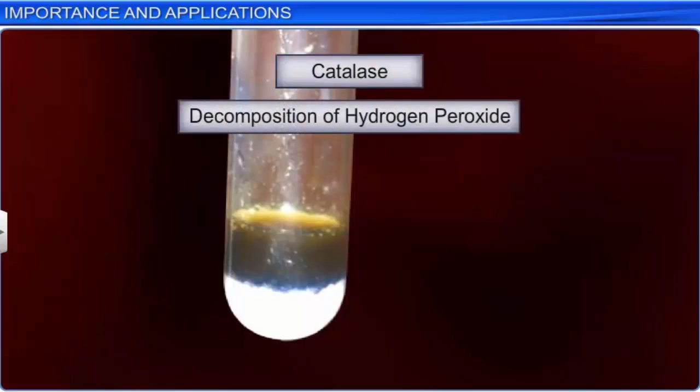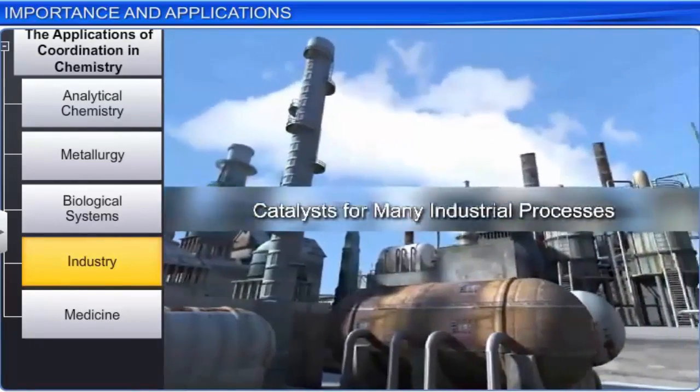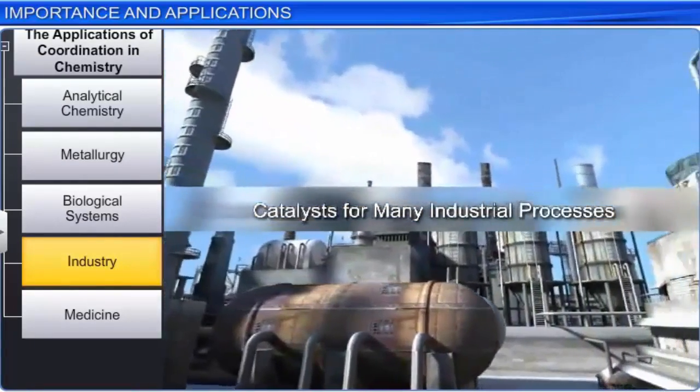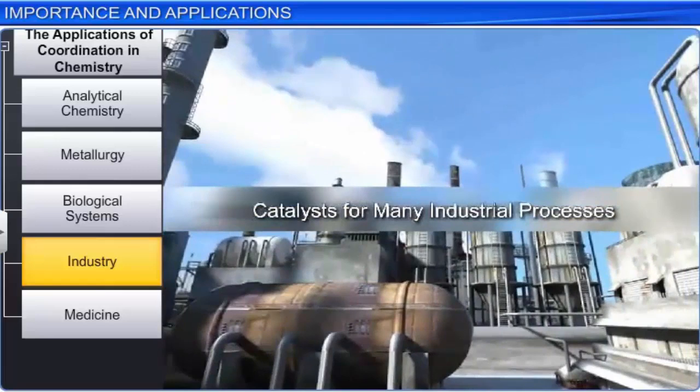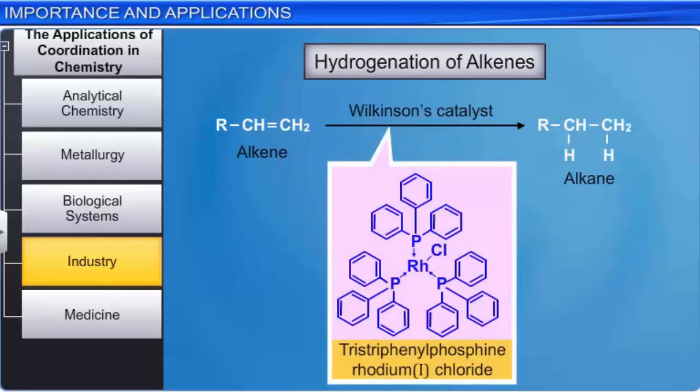One of the applications of coordination compounds is their use as catalysts for many industrial processes. For example, in the hydrogenation of alkenes, a complex metal catalyst, tris(triphenylphosphine)rhodium(I) chloride, which is also known as Wilkinson's catalyst, is used.